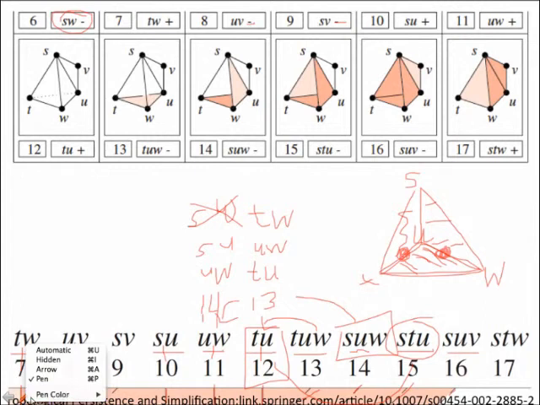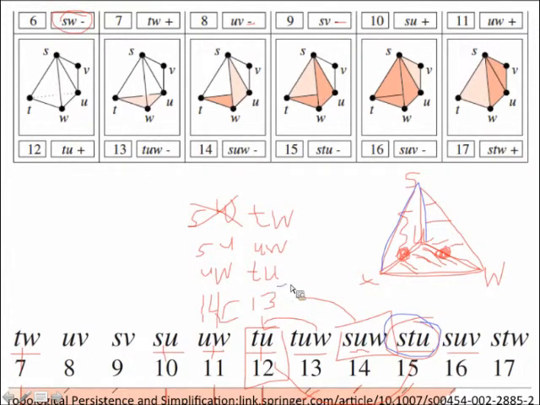Let me see if I can change my pen color to something else now. I was working with STU, but now I'm going to add in the additional triangle. Since the edge TW was already taken, I'm going to add in these things right here, and now work with the boundary of this one instead.